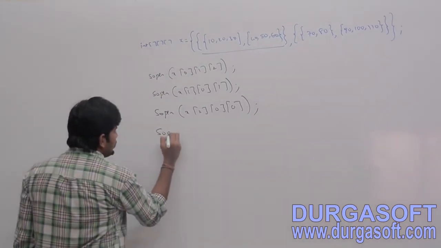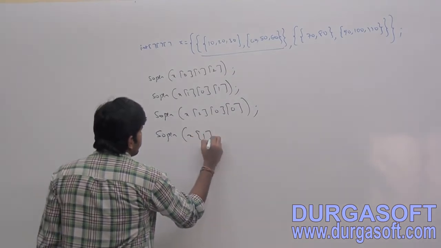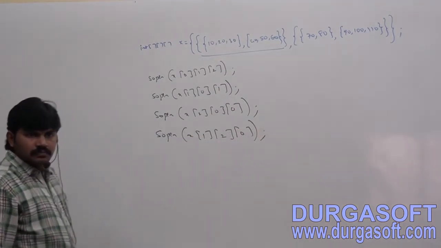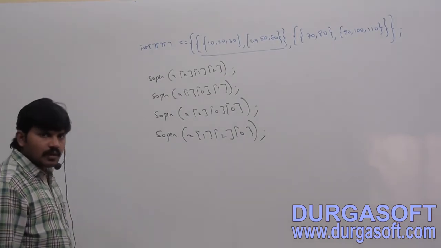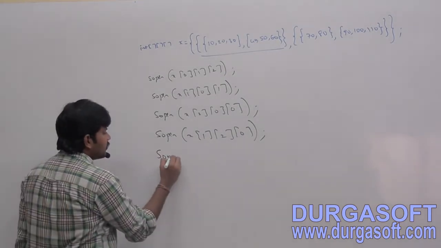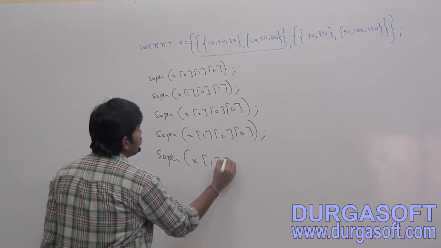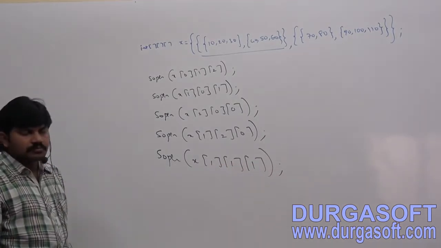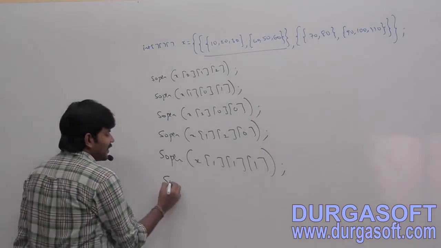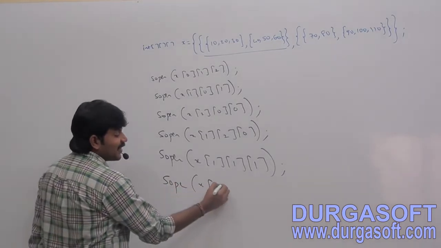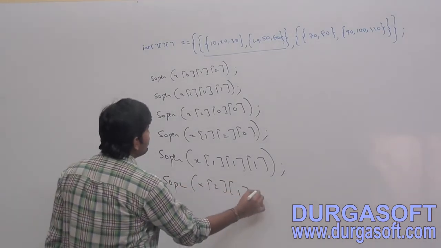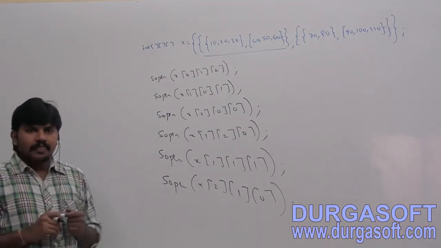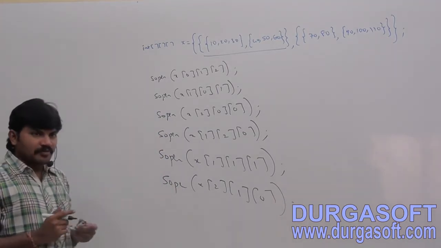No problem. SOP of x of 1, 2, 0. What is the answer? No issue. SOP of x of 1, 1, 1. What is the answer? SOP of x of 2, 1, 0. What is the answer? Maybe a chance to ask this type of questions.